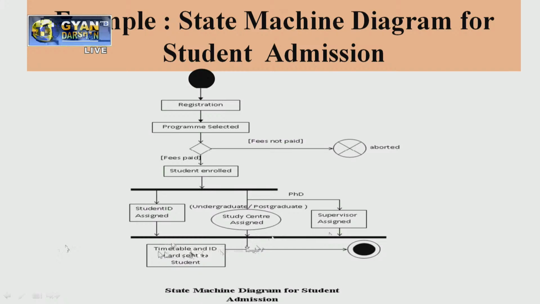So this is one example through which you can very easily visualize how a student object is moving from one state to another, and the state of the student is changed. Once the student has paid the fees, the state of the object is changed.